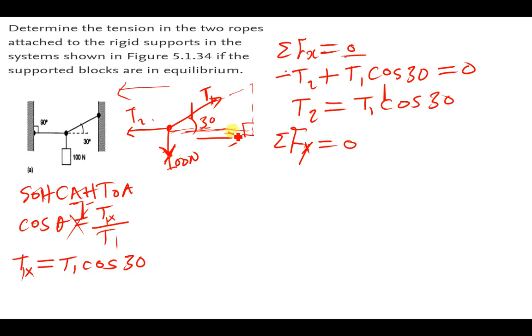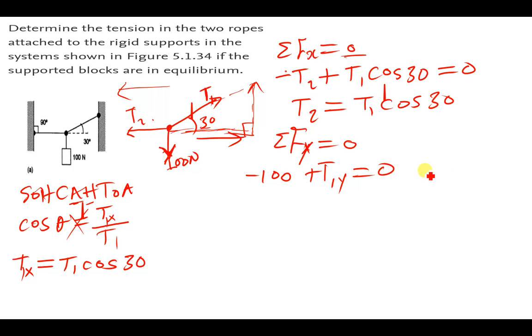We have 100, which is facing down, so negative 100. Then we also have the y component of T1, facing up, so positive T1 in the y. We don't have any other force in the y, so we say this is equal to 0.